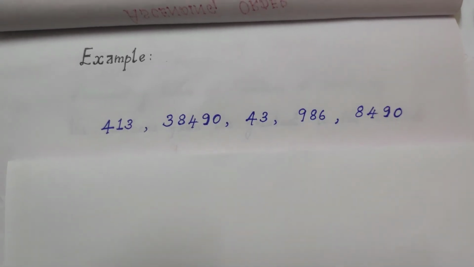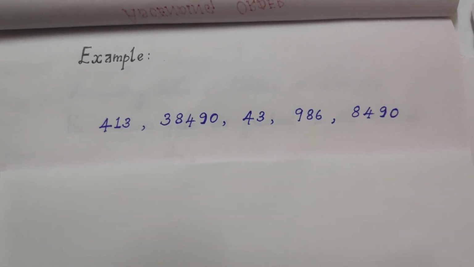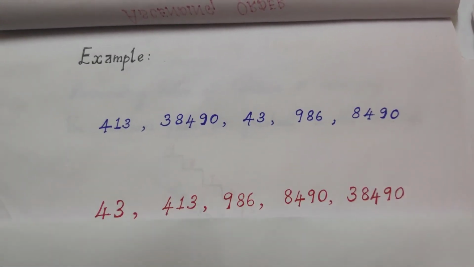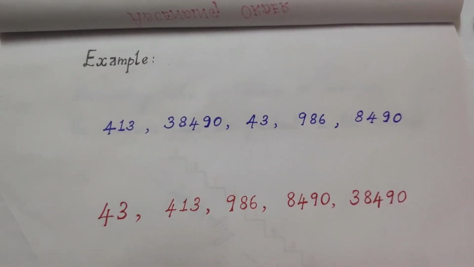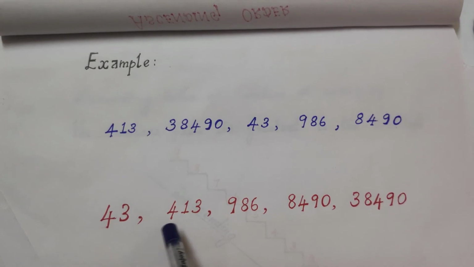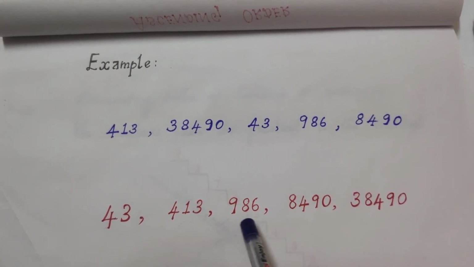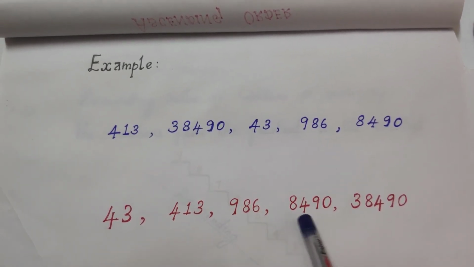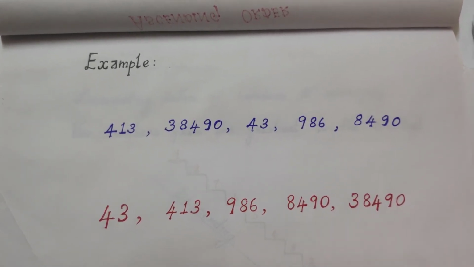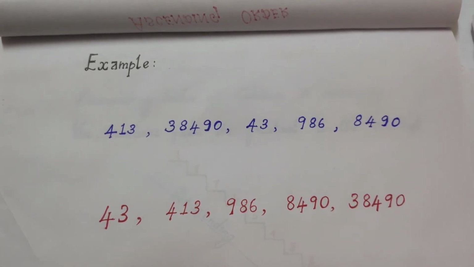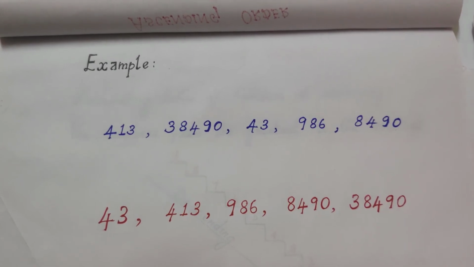So, we have arranged the given numbers in ascending order like this: 43, 413, 986, 8,490, 38,490. In this way, you can arrange the numbers in ascending order.